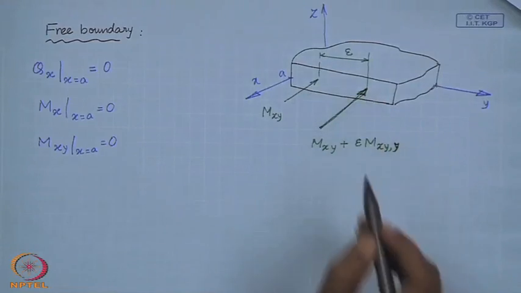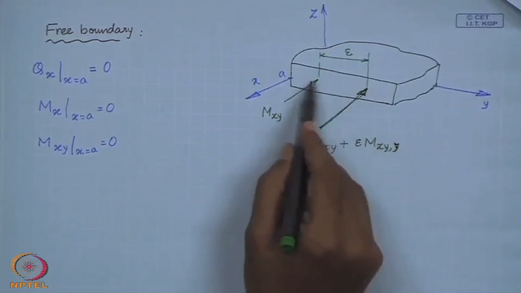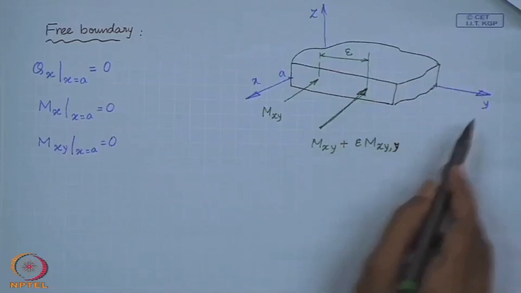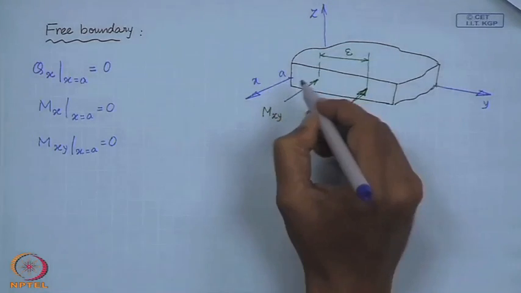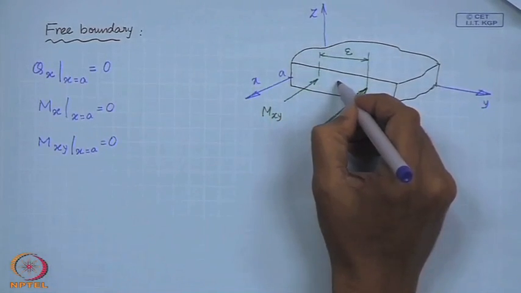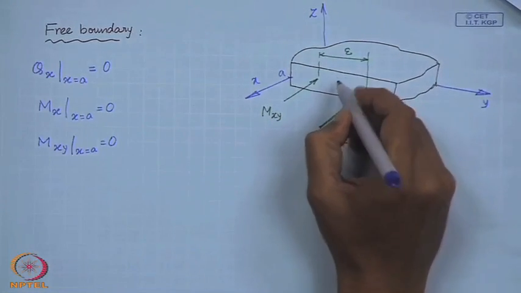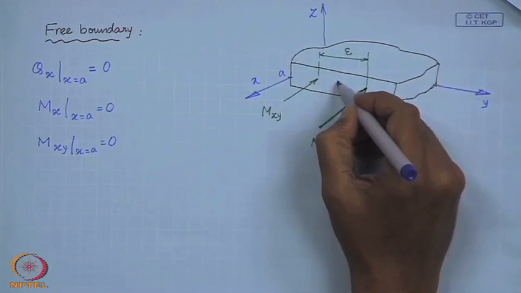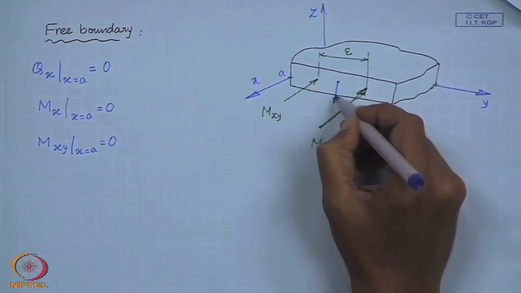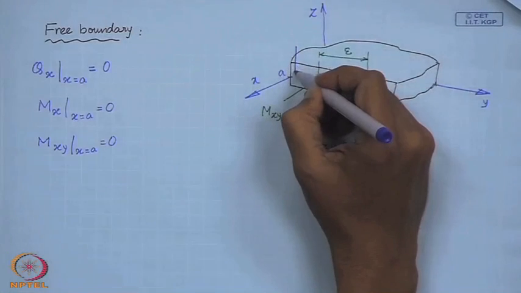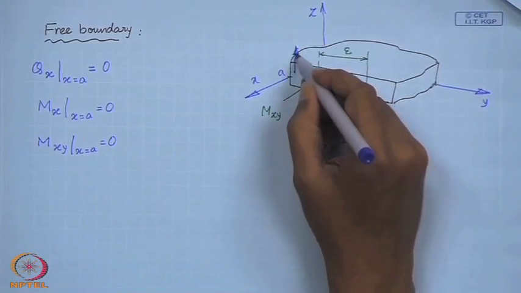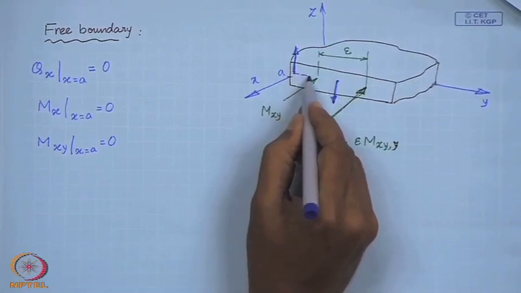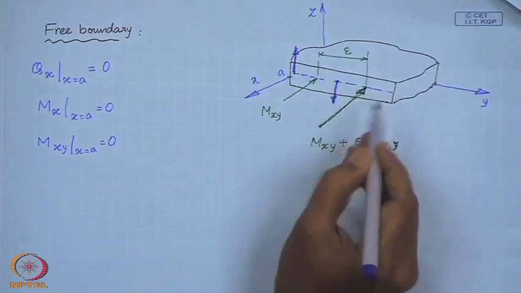This is the moment at a location a distance epsilon along the y. Now, this can be equivalently represented as a couple.